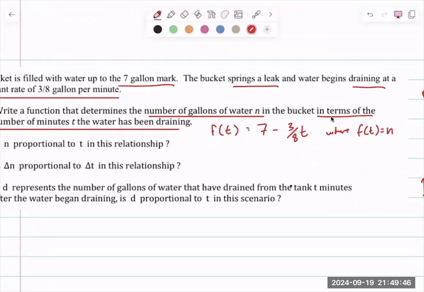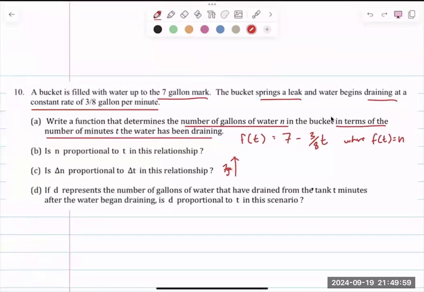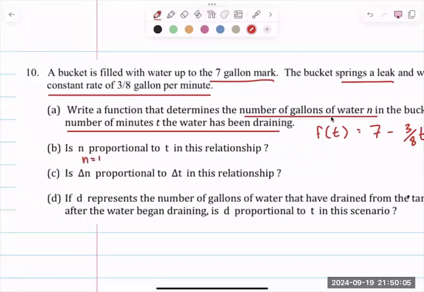Okay, but is n proportional to delta t in this relationship? Let's think about that. Here's our amount of water. We have 7 gallons left when the time is 0. Or actually, I'm going to draw after a minute.